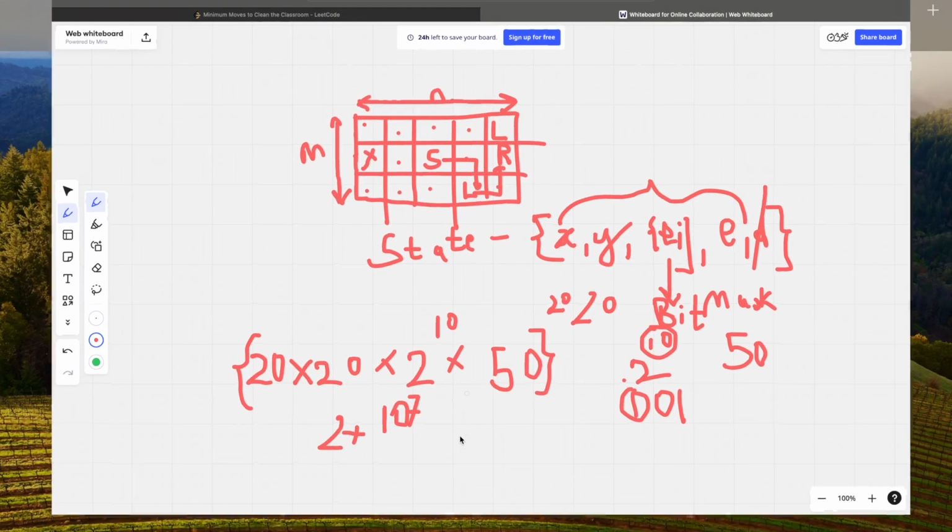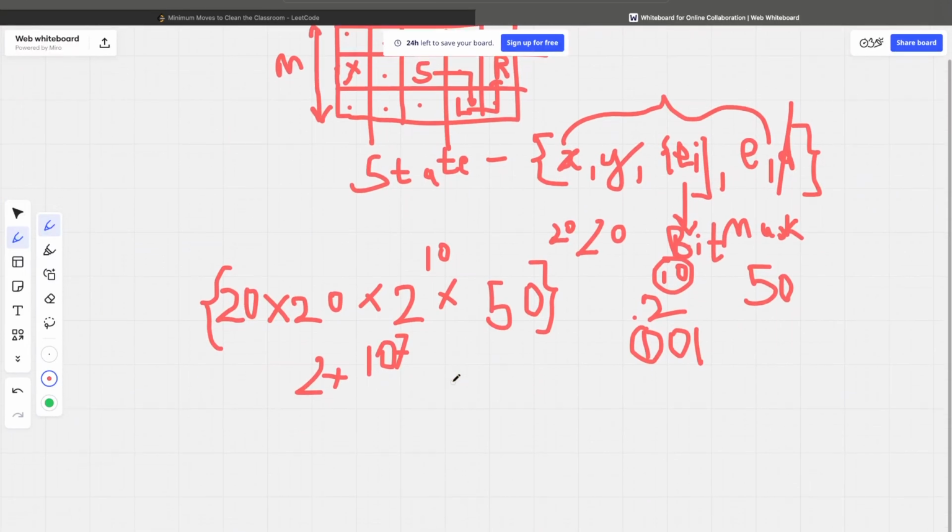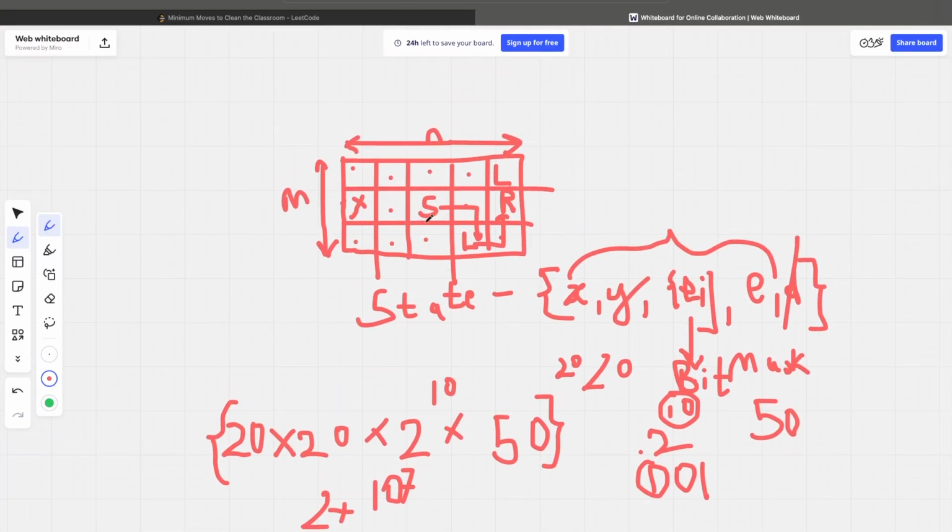What we will do is maintain a bit set. We will have x and y coordinates, and we'll have an energy which gets decremented at every cell where you are moving.